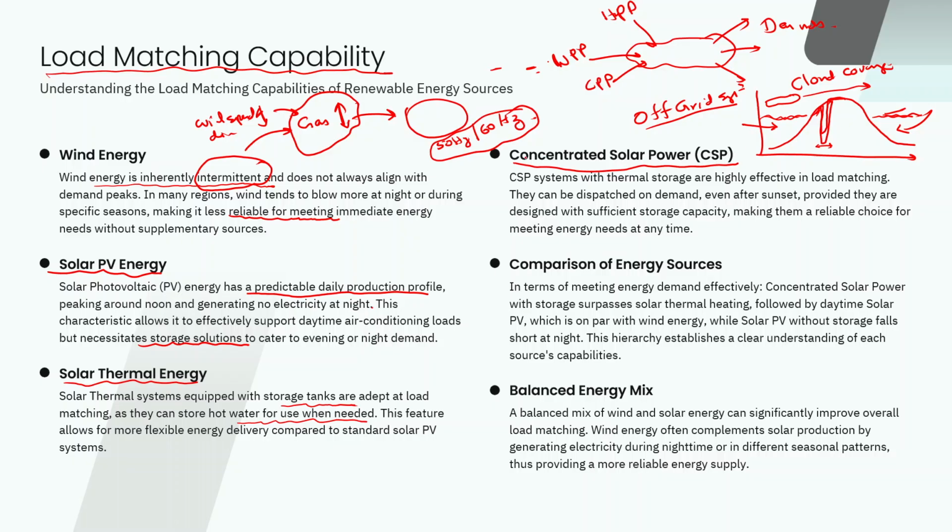But if you have a concentrated solar power system with the thermal storage, then the efficiency will increase very high, and it can also match the nighttime load, because you have this thermal storage system, like in the thermal energy.